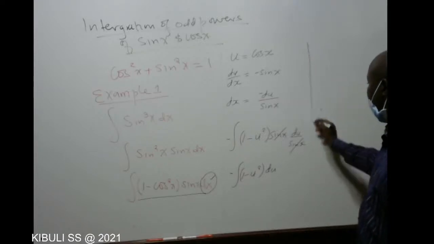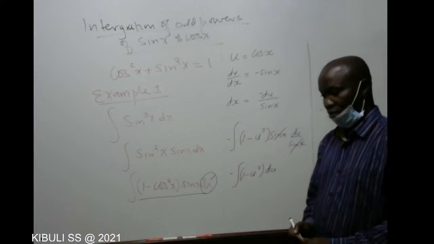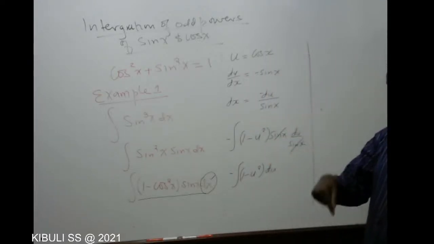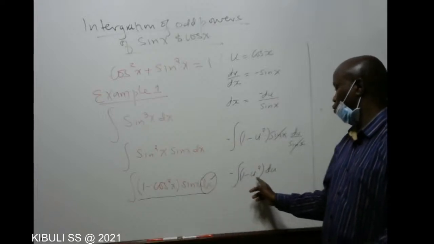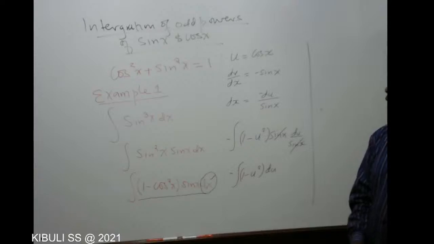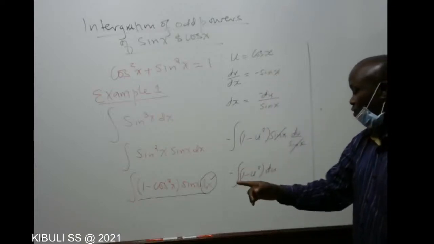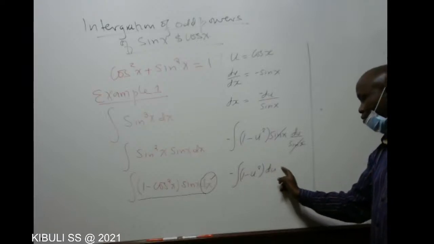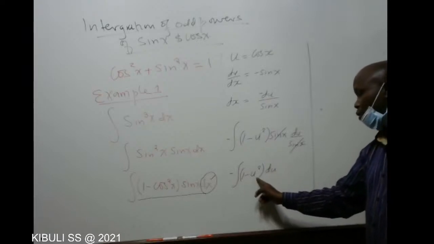So what does it mean? That we have now managed to change the variable from x into u. And if you can observe, we have transformed it from x to u. This is with respect to u. This is u squared.